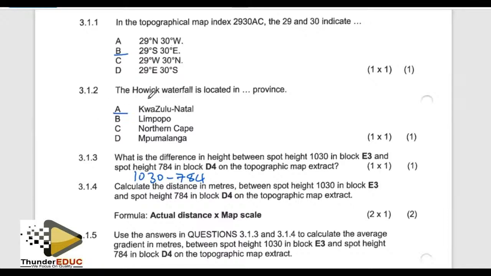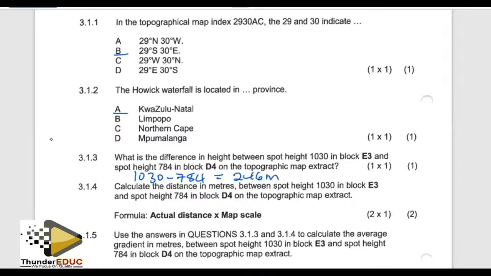We say 1030 minus 784. So our answer will be 246 meters.